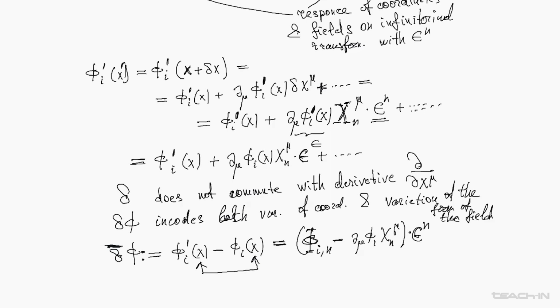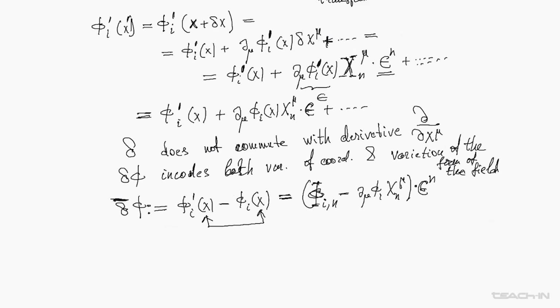So this is what the variation of the form of the field looks like.